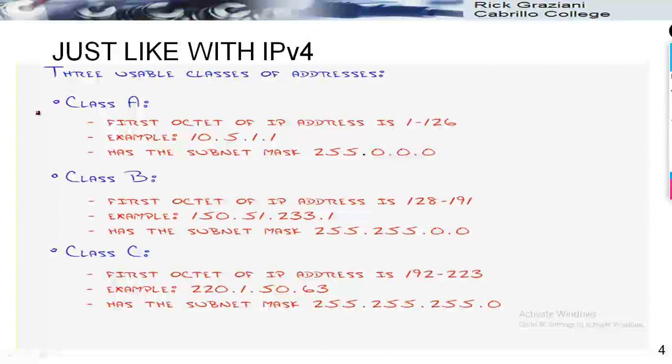By the mid 1990s, 95, 96 time frame, and I think it's actually earlier, anyway, I don't know the time frames, they realized that this classful addressing, as we call it, is not managing the depletion of IP version 4 addresses well, yeah? So they came up with what we call classless interdomain routing.